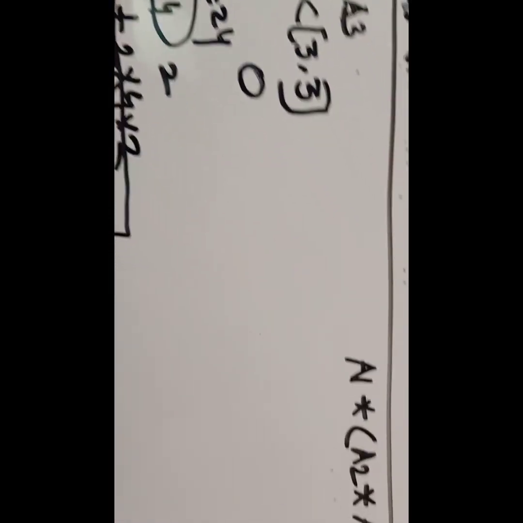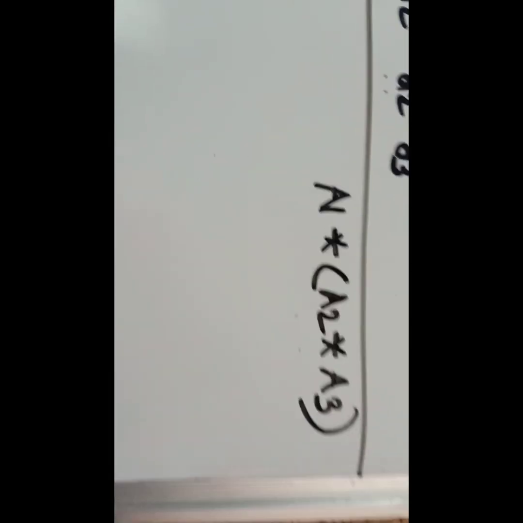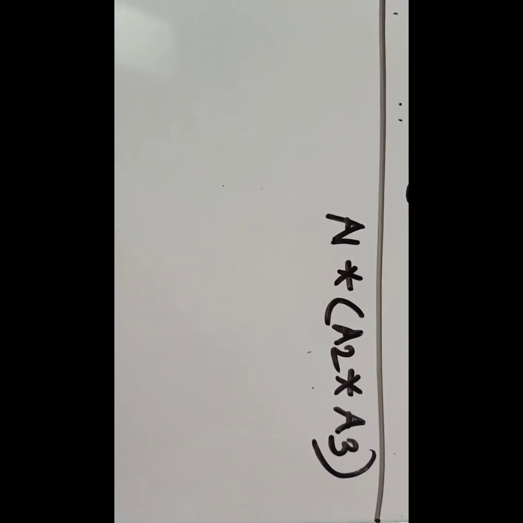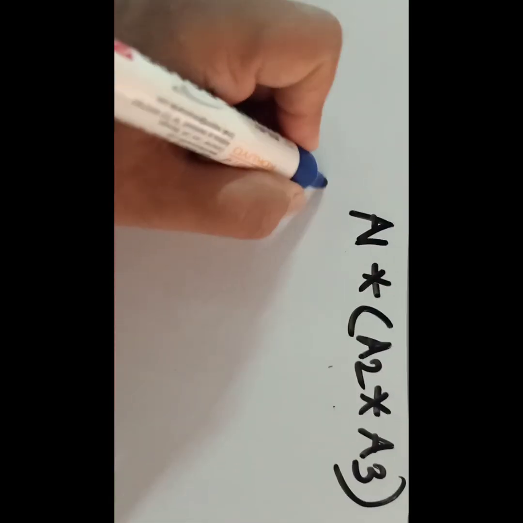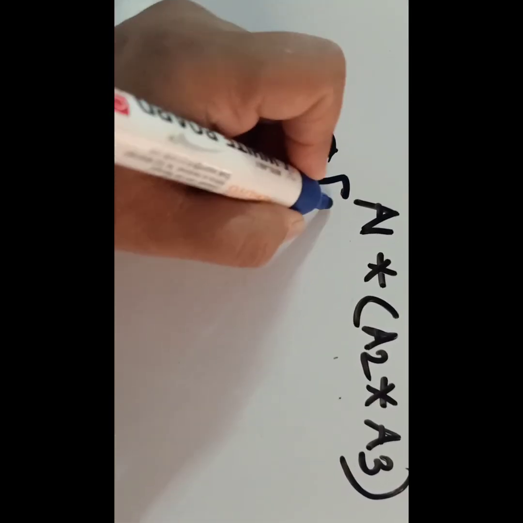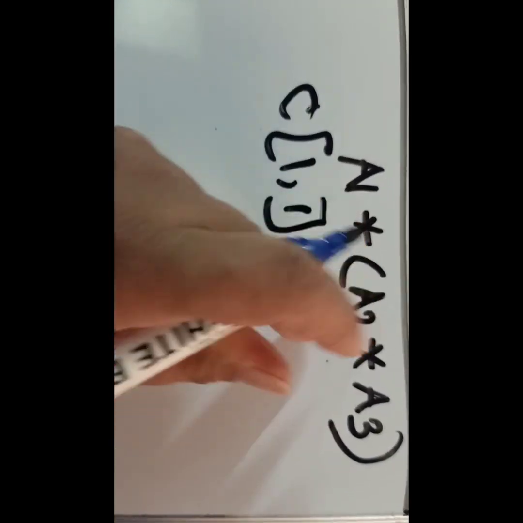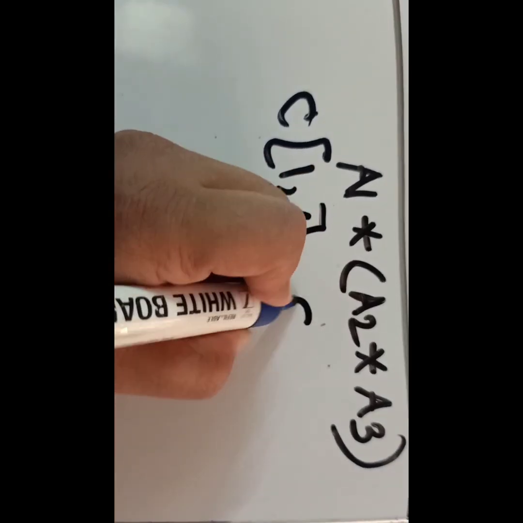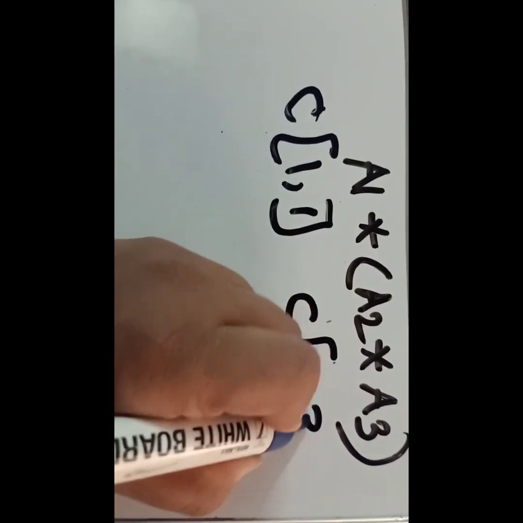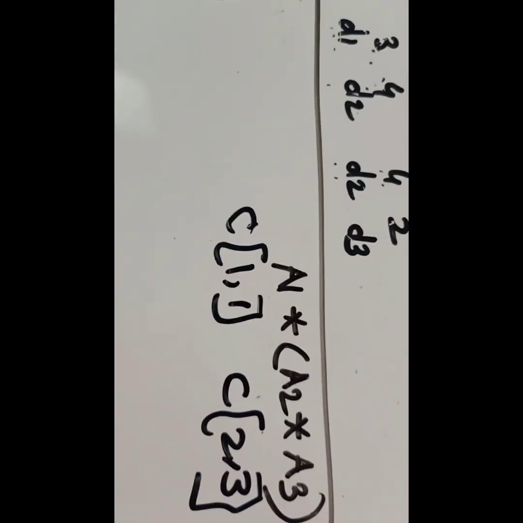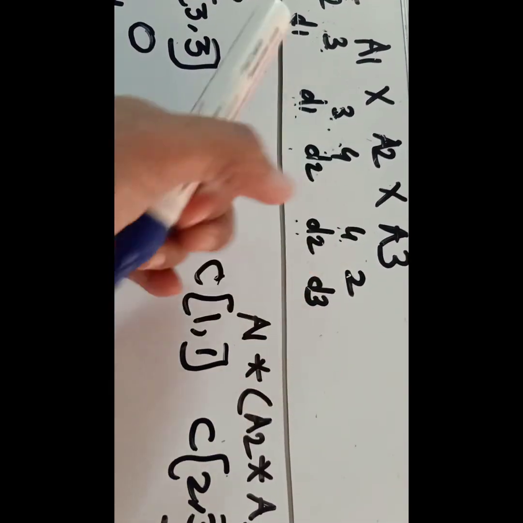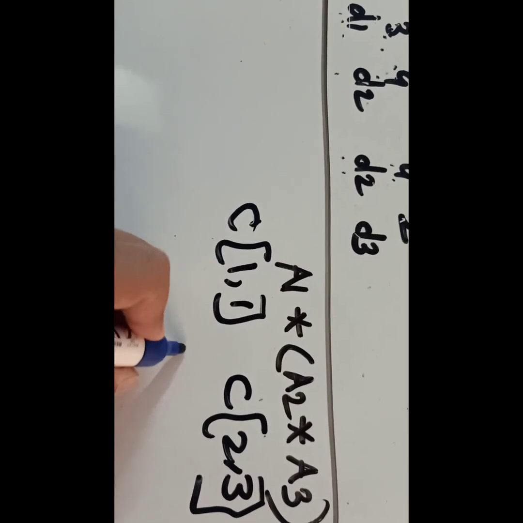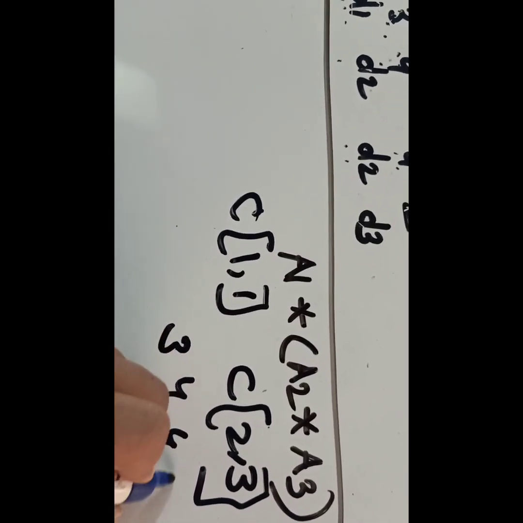The same thing we can do here for the second sequence. Our second sequence is A1 into A2 into A3, right? So A1, we can say that this is cost of 1, 1. This A2 into A3 means this is cost of 2, 3. How you will find out this cost? A2 and A3 means it is 3, 4, 4, 2.